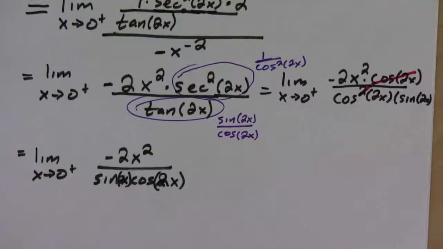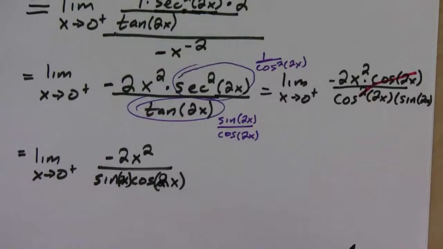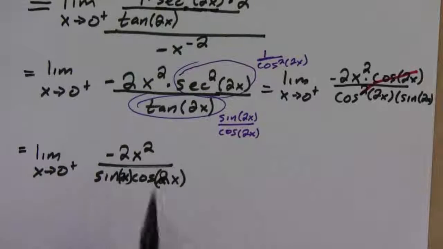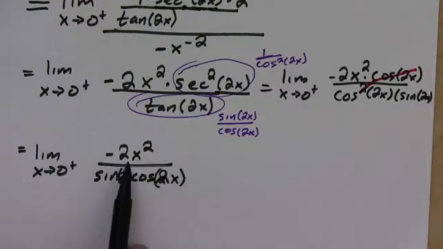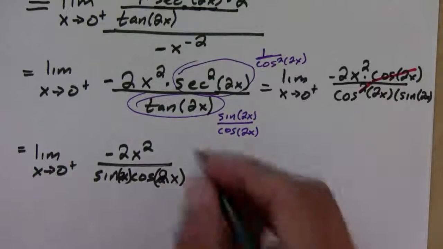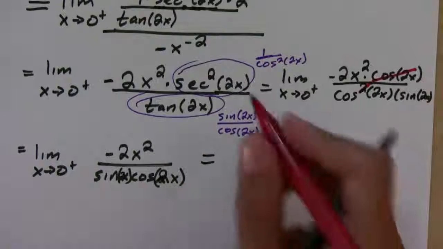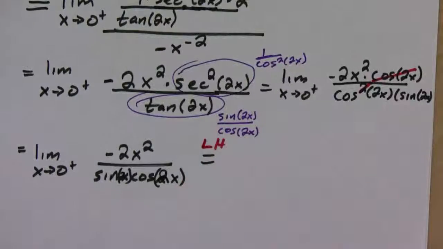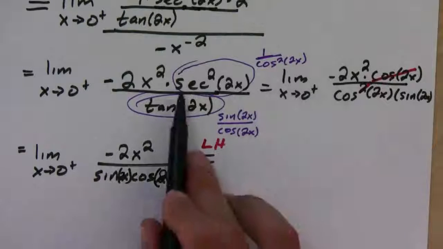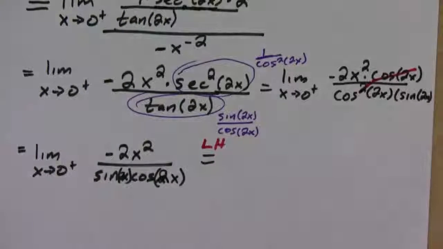Sorry about that. Okay, and so this is a lot simpler than the one that I just had, but when I plug it in, I still get 0 over 0. So now if I use L'Hopital's rule here, at least it's a lot simpler to find the derivative of this as opposed to this one.